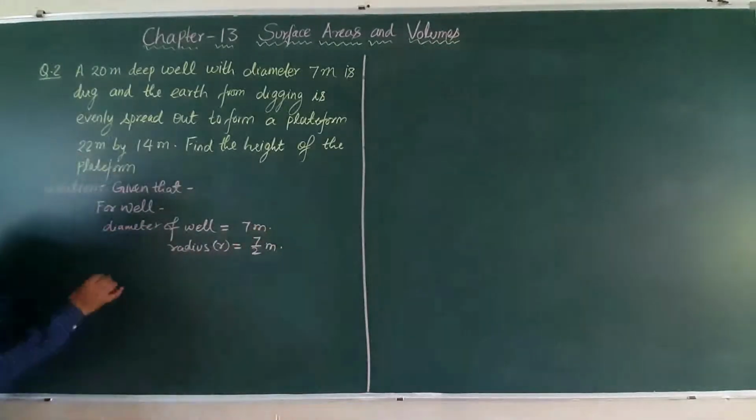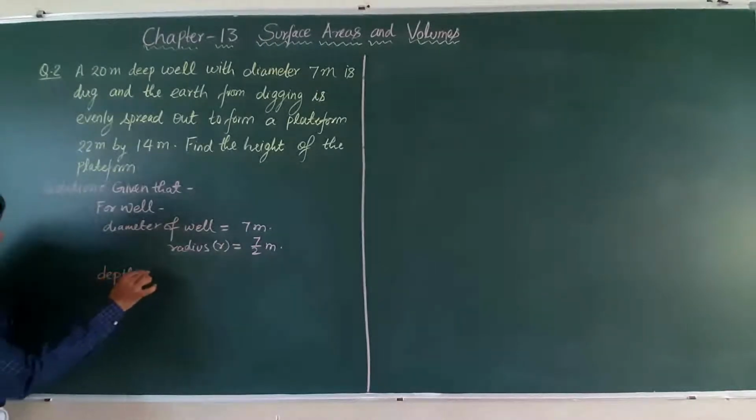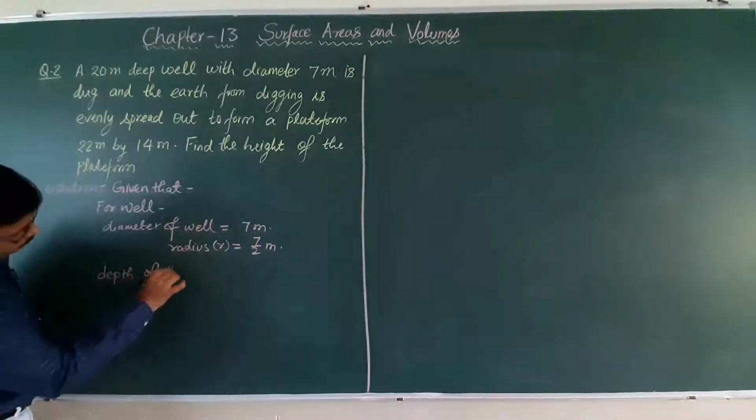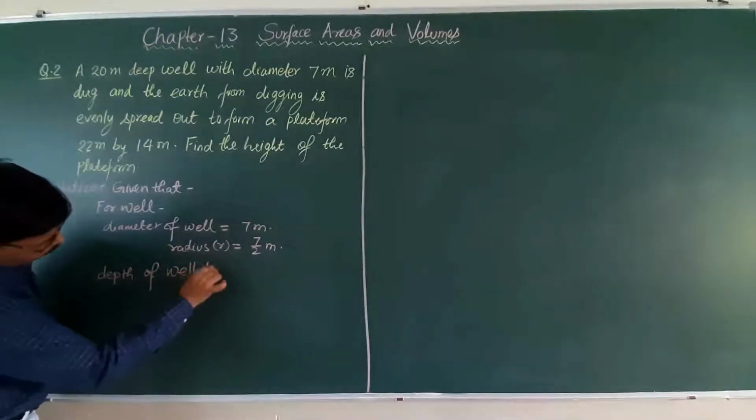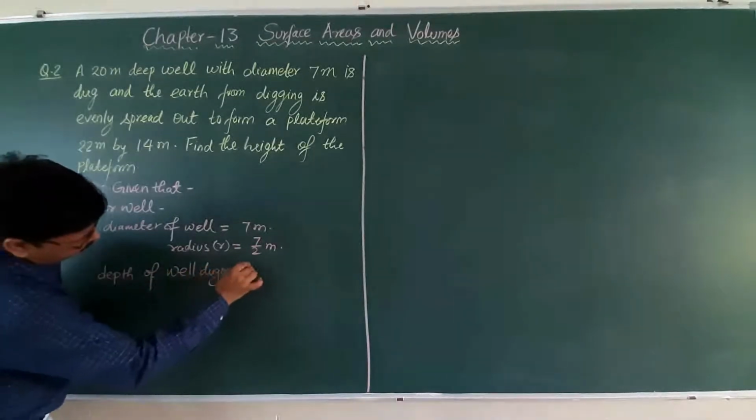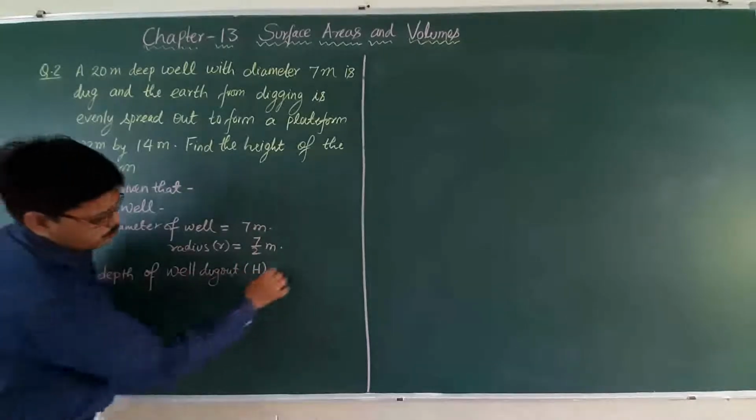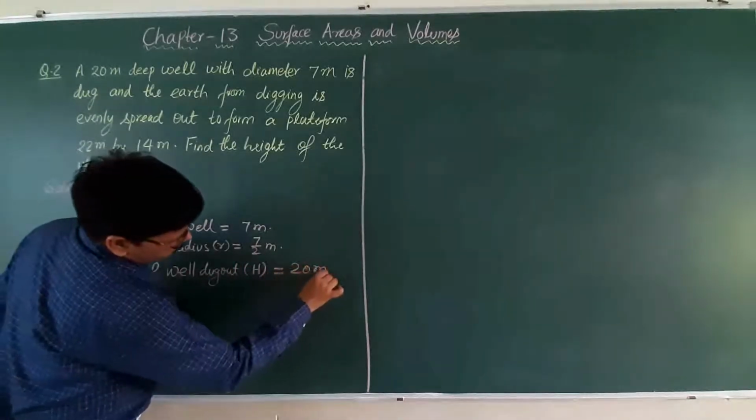The depth of the well dug out, denoted by capital H, is 20 meter.